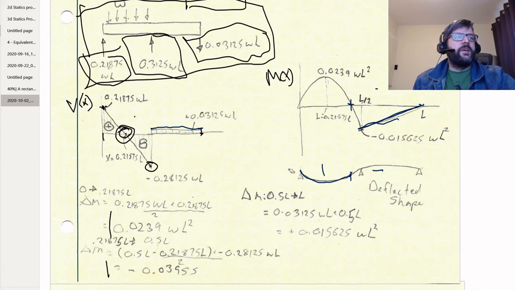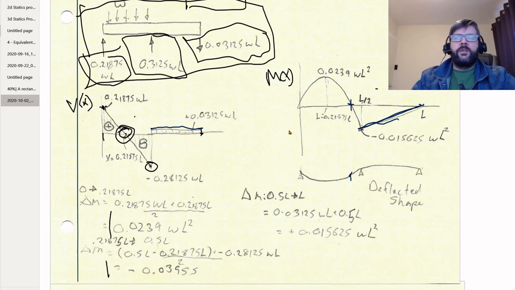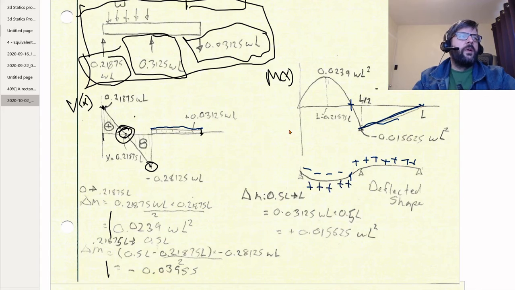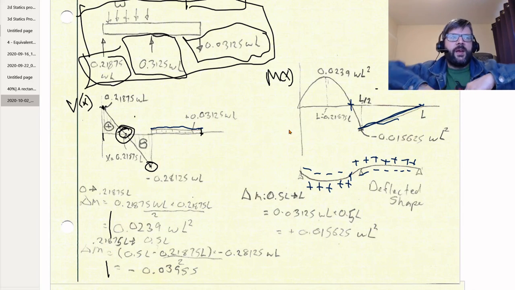Also one thing we can tell at any point here is that on the top of the beam you'll get compression in this section and tension in here, whereas on the bottom of the beam you'll get tension here, and then compression on the bottom here, because that's what happens with that curvature.